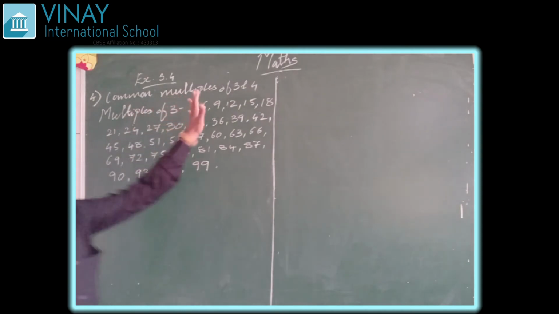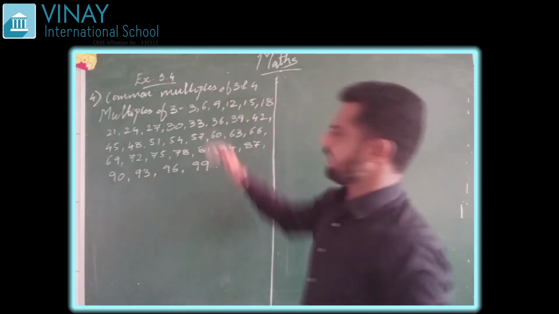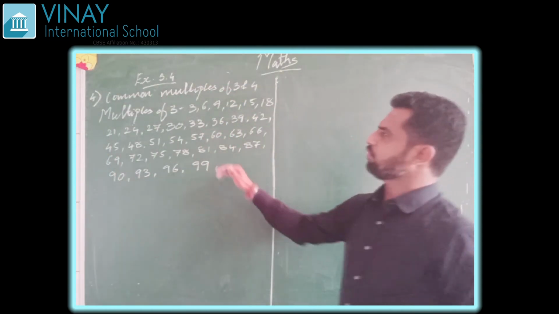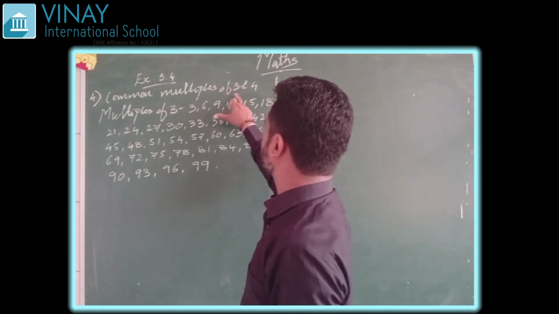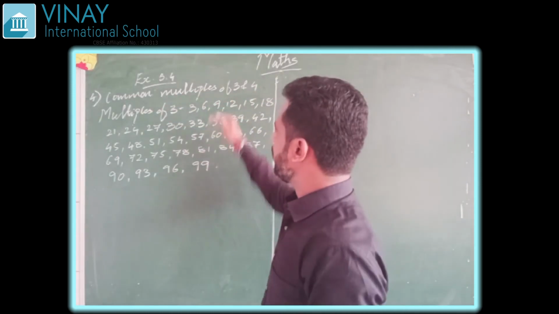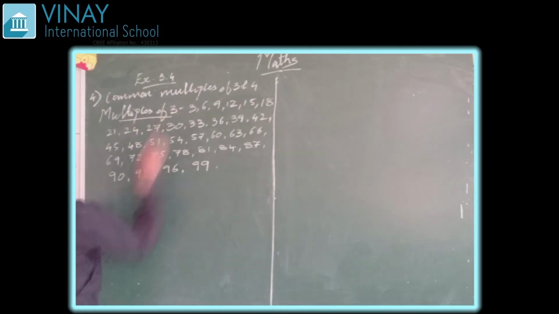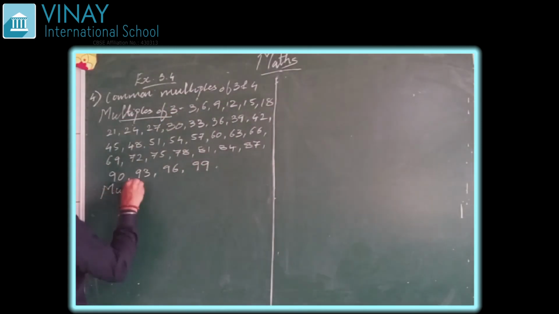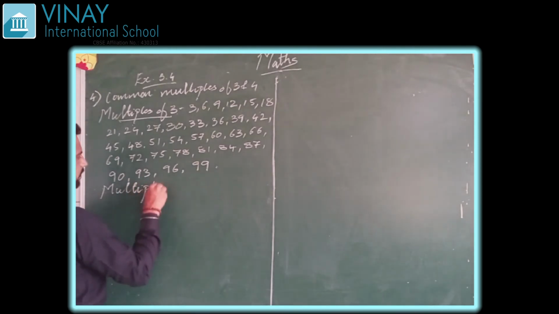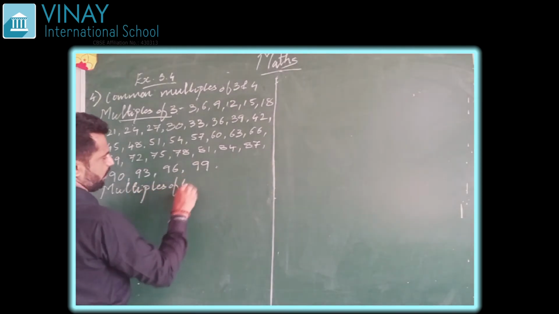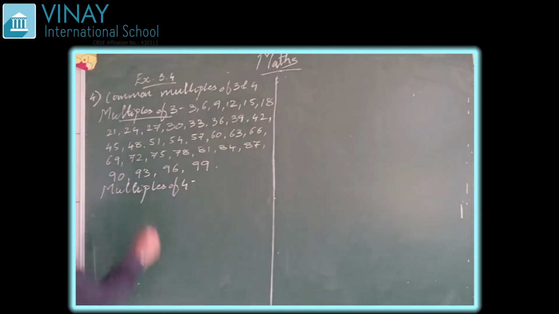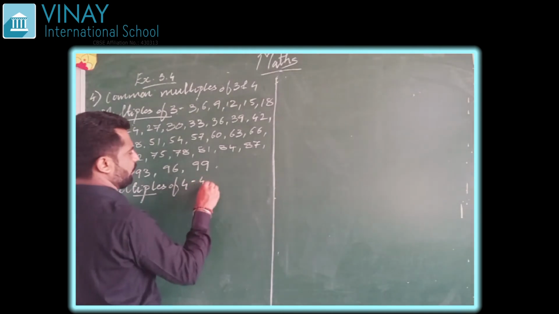These are the multiples of 3 which are less than 100. Now we have to find the multiples of 4 which are less than 100.